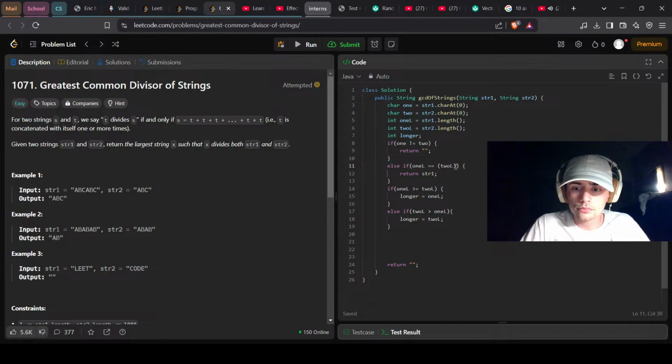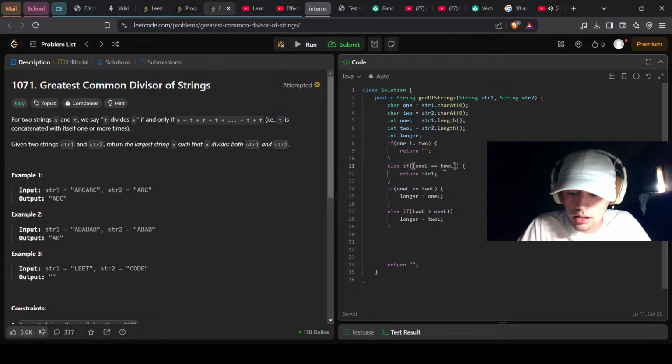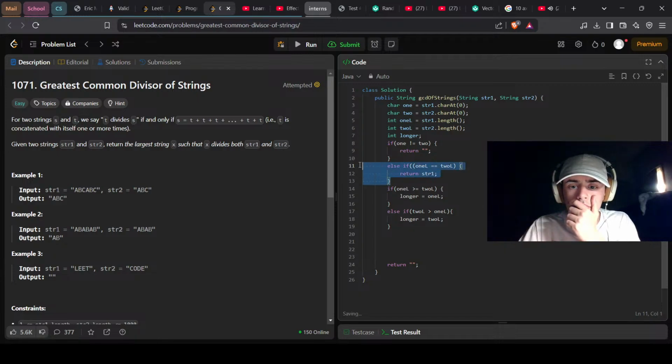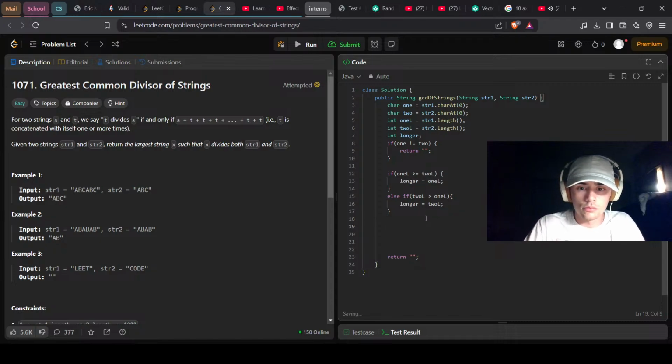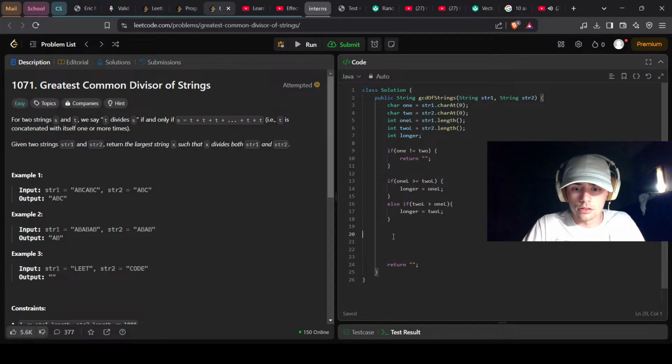Wait. Wouldn't it be if their lengths are the same? Shucks. Alright, that doesn't work, I just realized. If one's longer, then the longer one's this one. If two's longer, two's the longer one, okay? Alright, think through this, boy.